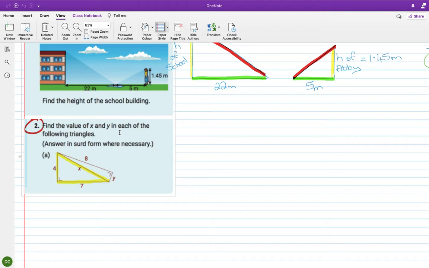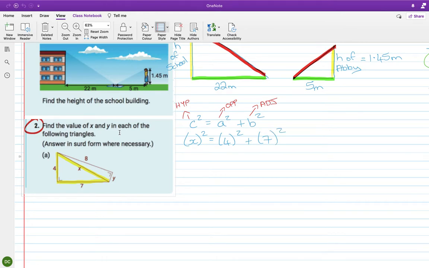Okay, so c squared equals a squared plus b squared. And just so you remember, this is the hypotenuse, this is the opposite, and this is the adjacent. So the hypotenuse is x. The opposite, it actually doesn't matter, so I'm just going to go with 4 and then 7.